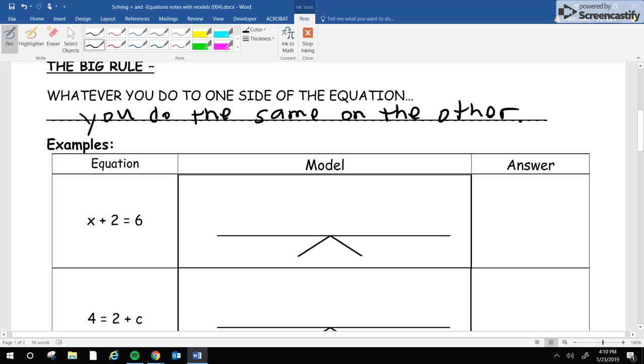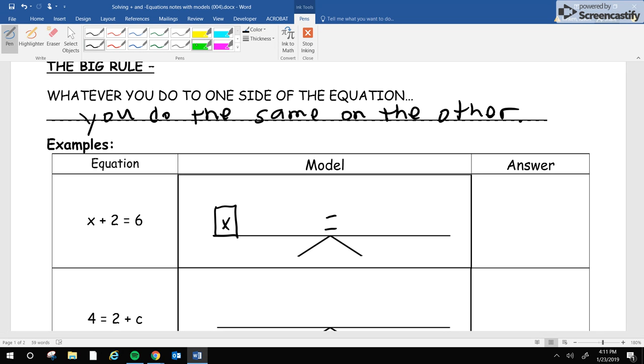So the first equation we have here is x plus 2 equals 6. Now, as you see here, we have a teeter-totter, and it's balanced right here. So the balance is going to be our equal sign. Okay? So our first thing that we have is x. I'm going to use a block to represent my x.